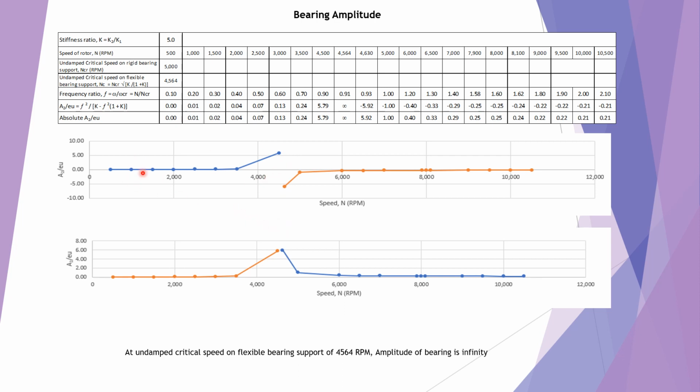Before this it is positive, after this it is negative. If you take the magnitude, both are positive, and this point is infinite. So the undamped critical speed on flexible bearing support is 4565 rpm, and the amplitude is infinite because this is a critical speed.